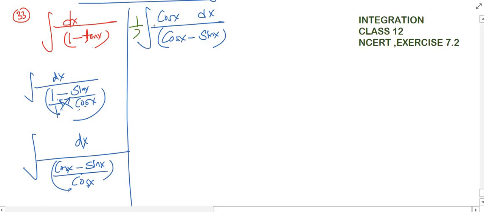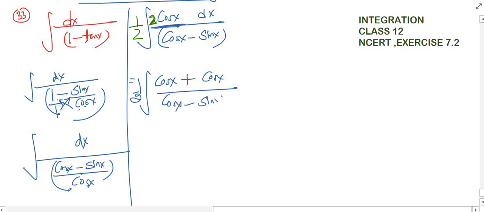Can we divide and multiply by 2? Then we just write 2 cos x as cos x plus cos x, by cos x minus sin x. Perfect.